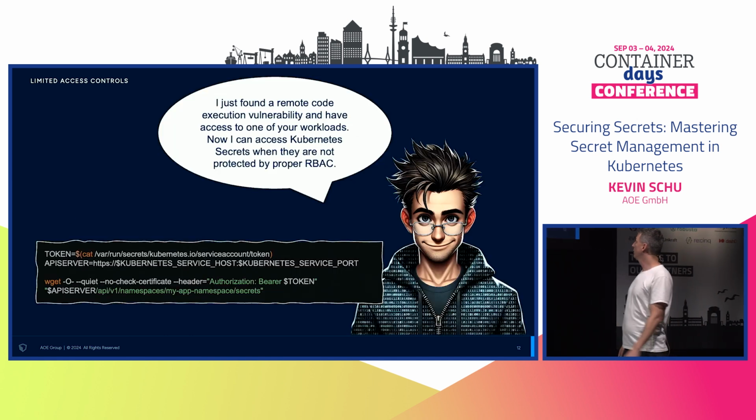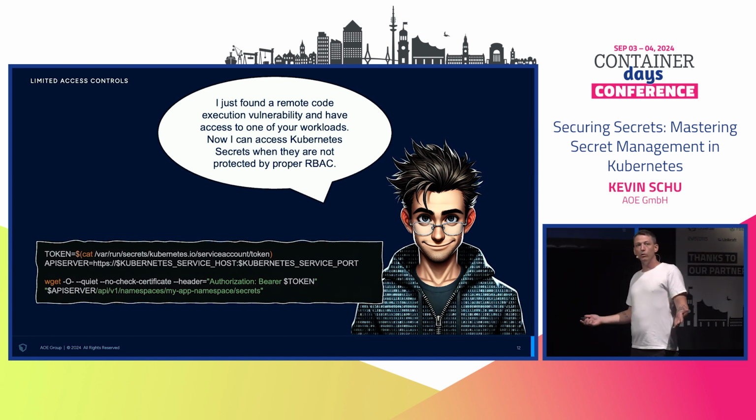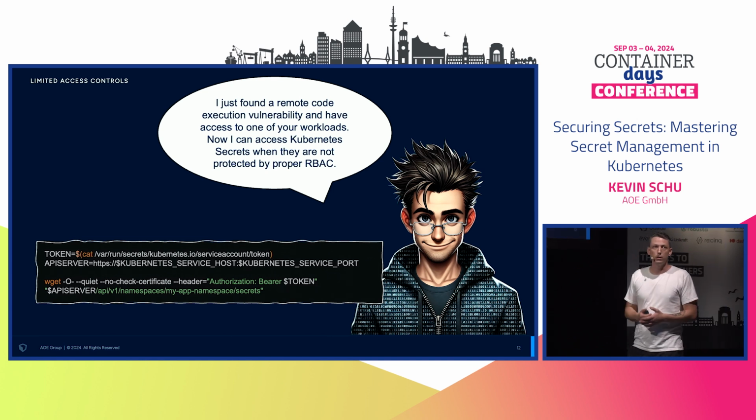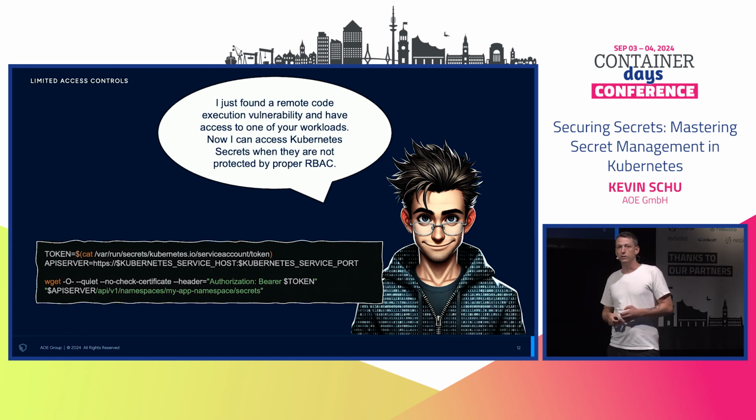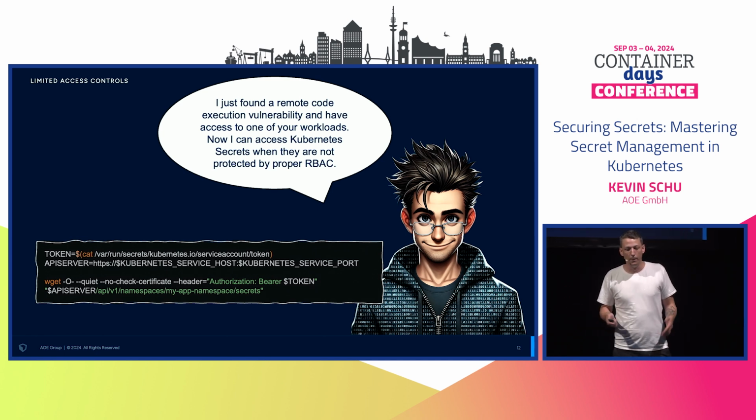This friendly guy, thanks to Dall-E, by the way, is accessing one of your workloads via a remote code execution, for example, and this is all it takes to fetch every secret that the workload has access to. It's just 3 lines of bash script. wget and cat are installed by default on any Alpine-based image, so it's as easy as that.